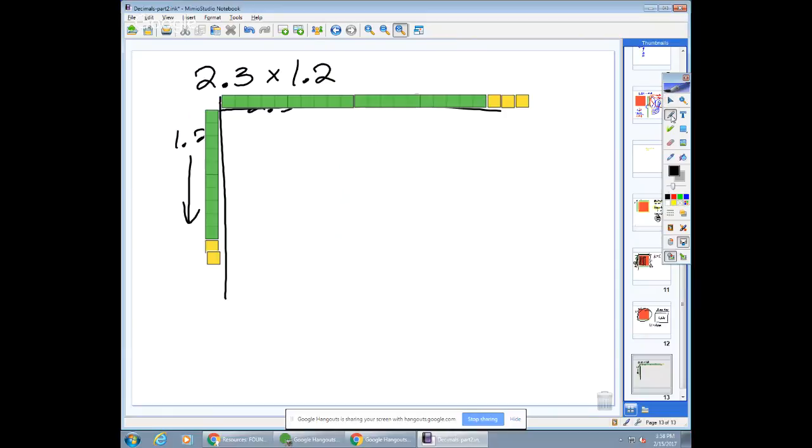So in order to build my rectangle, from some point, I have to measure over 1, 2, and 1, 2, 3/10. So that distance right to there is my 2 and 3/10. And then I got to do the same thing coming down. I got to measure down 1 and 2/10. So that distance right there is my 1 and 2/10. So my area is this region right here.